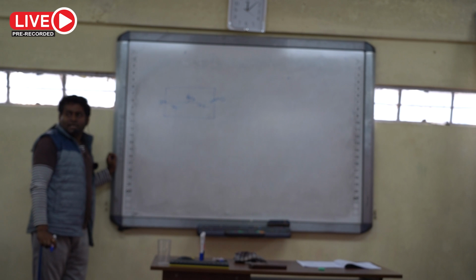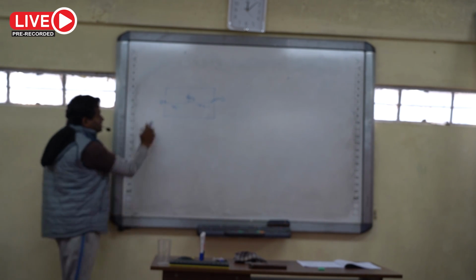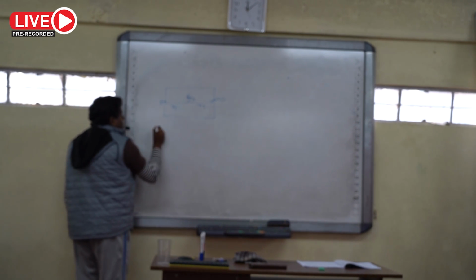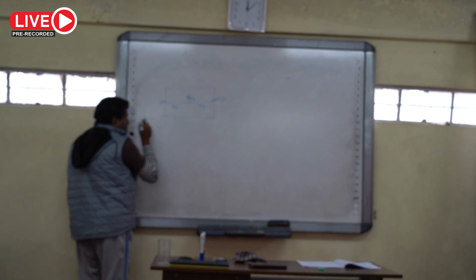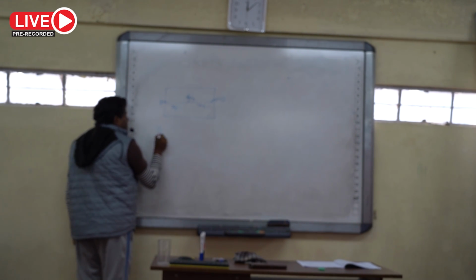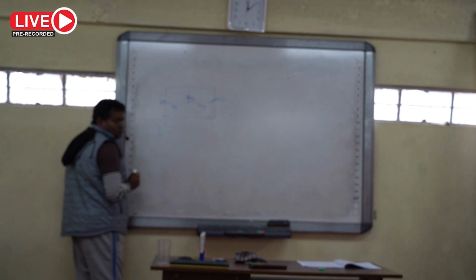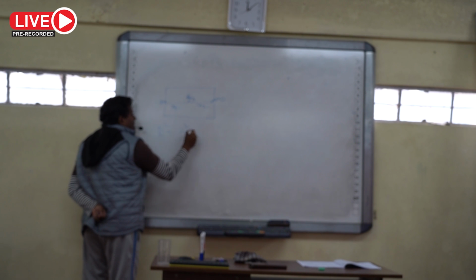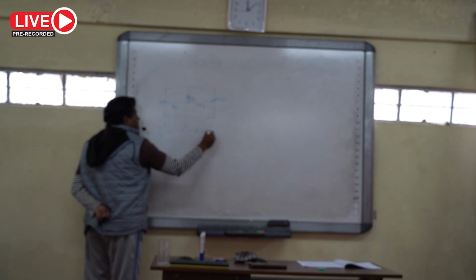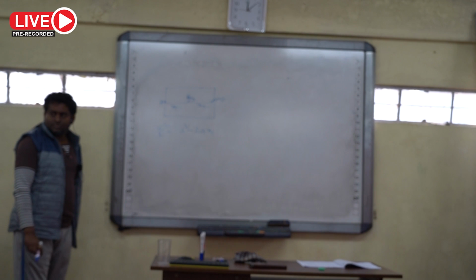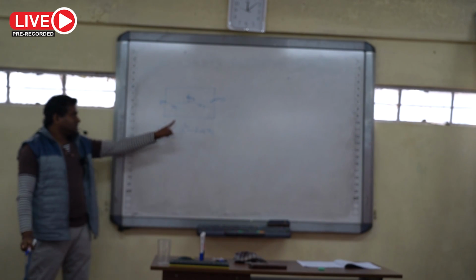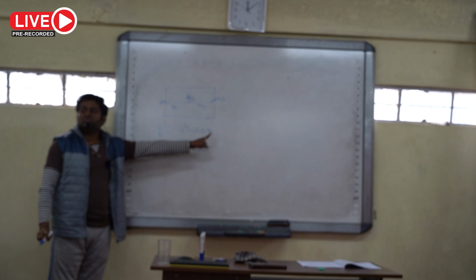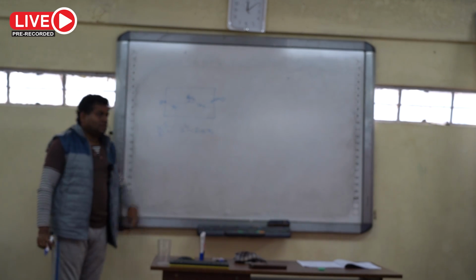Now, bullet is suffering a constant retardation. So first part I can write final velocity, that is u by 3 whole square, equal to u square minus 2a x1. Final velocity square equals initial velocity square minus 2a x1 because of the retardation.